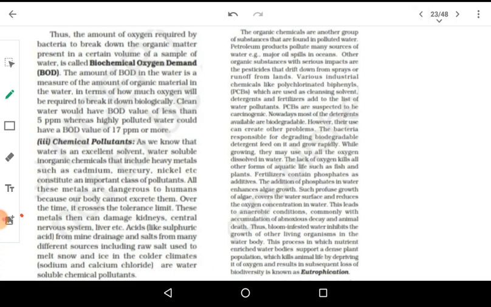Now let us come back to the topic of chemical pollutants. We have a topic which is known as eutrophication. Now what is eutrophication? Eutrophication is the aging of a lake. And why is eutrophication caused? It can be due to natural processes or due to human processes.